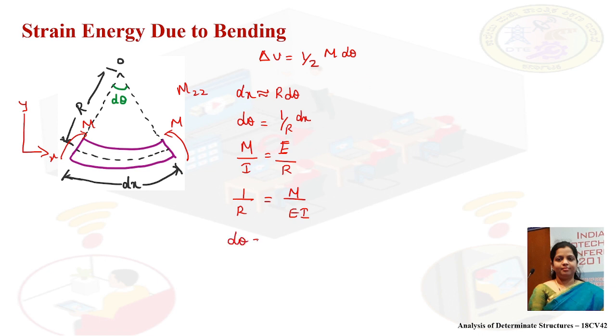Therefore, d theta becomes M by EI into dx.